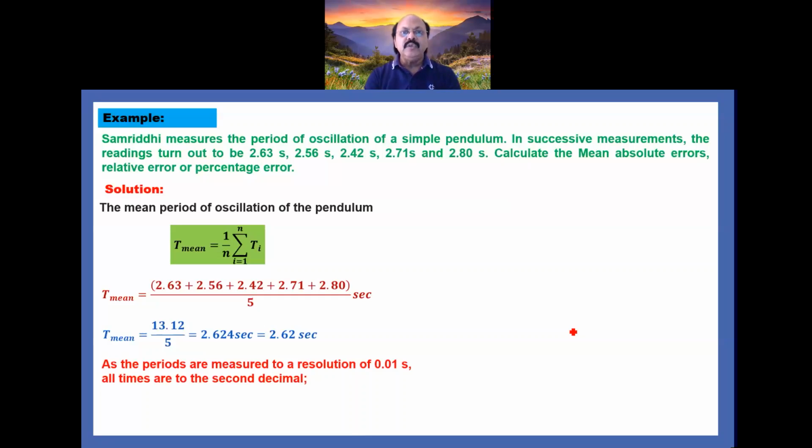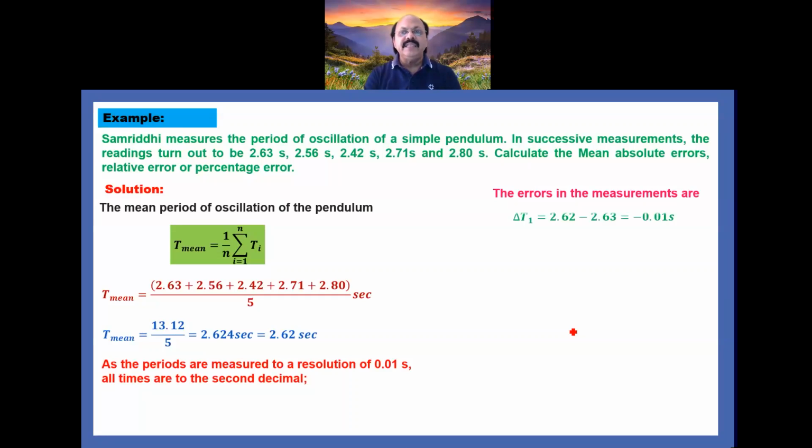It means the instrument which you are using for measuring this time has a resolution of 0.01 second. So that's why we have to write the mean value or the true value of the time period up to 2 decimal places.